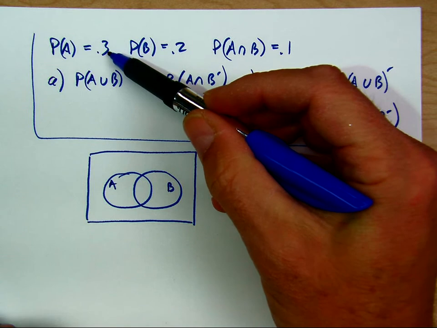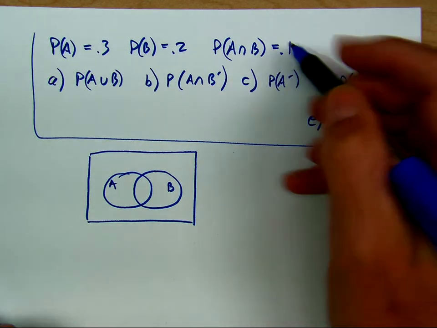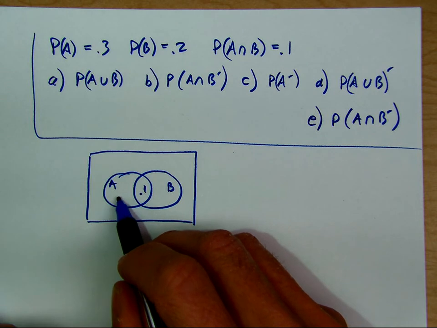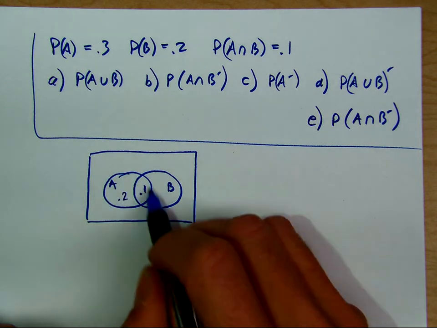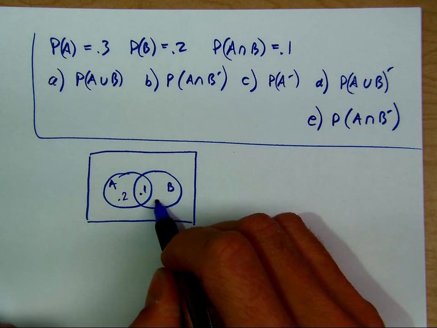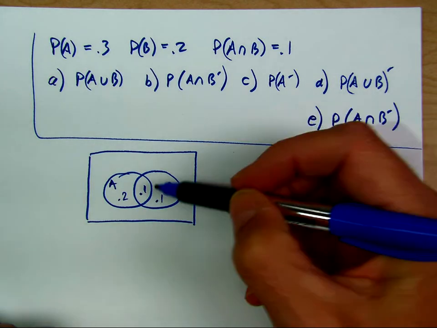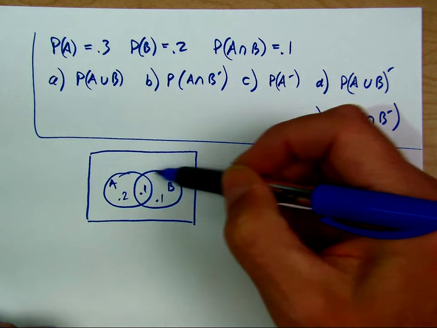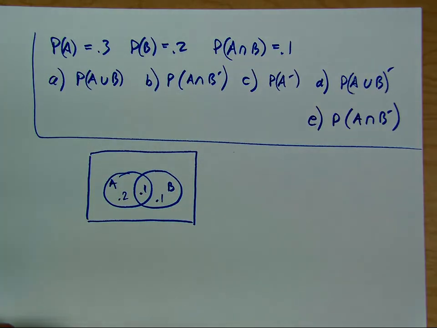All of A is 0.3. Here's the intersection, 0.1. That means this region must be 0.2 so that all of A is 0.3. And this region must be 0.1 because B is 0.2. So 0.1 plus 0.1 gives us 0.2.